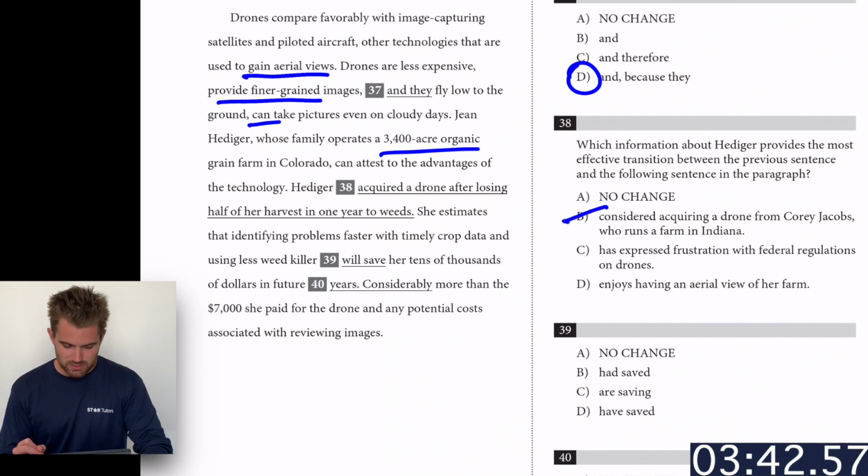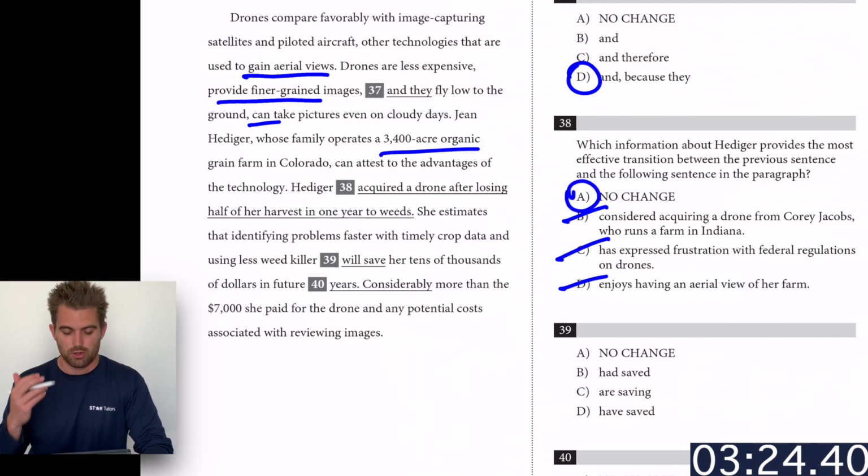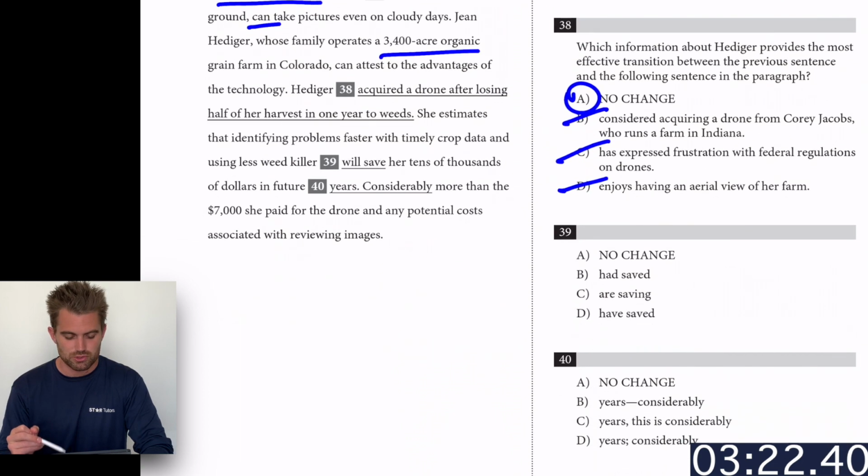That doesn't really have anything to do with it. We haven't even been introduced to Corey yet. No, she's a farmer. What would help her as a farmer? Enjoys having an aerial view of her farm? No. After losing half of her harvest in one year. It's talking about the advantages of drones to farmers above, and she is a farmer who lost half of her crops, which is why drones are helpful. Just think about it in the context, guys.